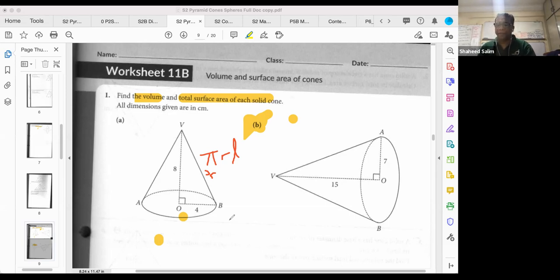So you find L first, huh? Remember, you want to find the longest side. We're supposed to plus, huh?